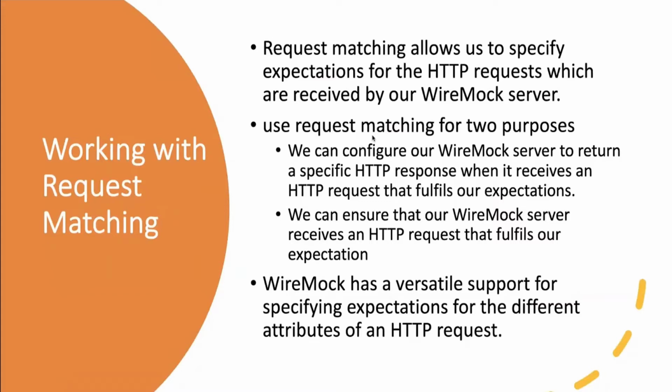Depending on the protocol, you can change this HTTP to JMS, HTTP to SMTP, but this is what request matching is, which is required in all different scenarios. Specific to WireMock, we can configure our WireMock server to return a specific and identified HTTP response when it receives a pre-formulated HTTP request.